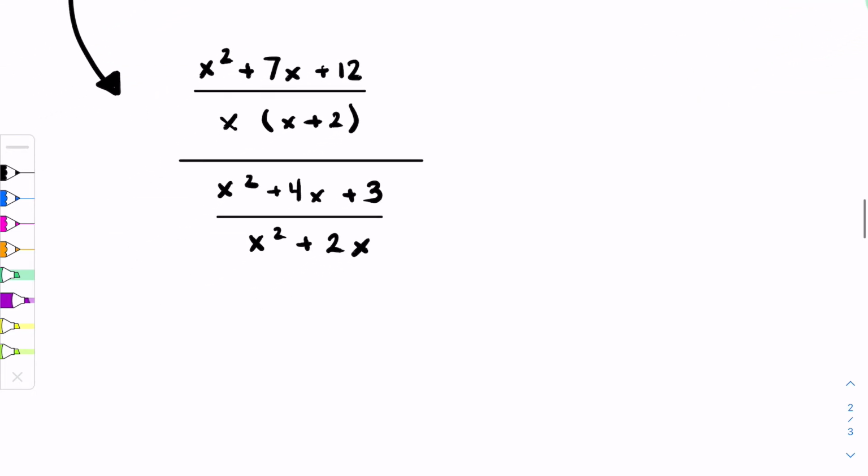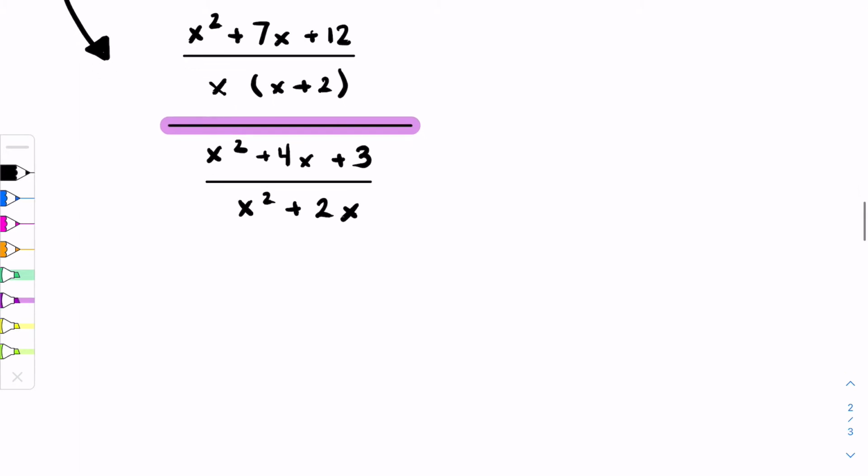And now, just like the last problem, we're going to eliminate this division bar, and we're going to convert this to a division symbol, giving us x squared plus 7x plus 12 divided by x times x plus 2.